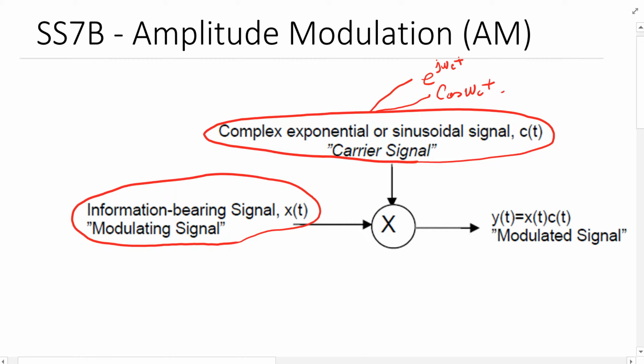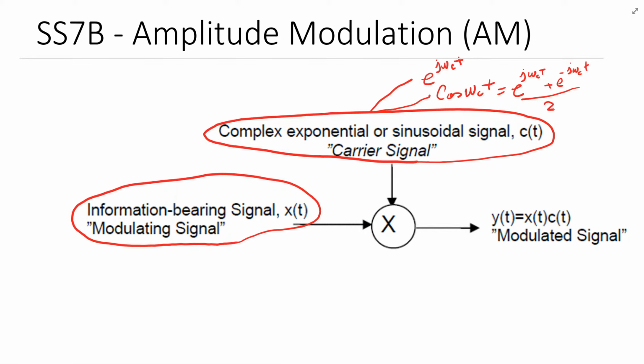Remembering, before we go too far, this cosine really is e to the j omega c t plus e to the minus j omega c t, and the only change is the magnitude is divided by 2, using Euler's. So this one gives you positive and negative, and that gives me just the positive side. But as far as how we handle this, it's going to be very similar for both cases.